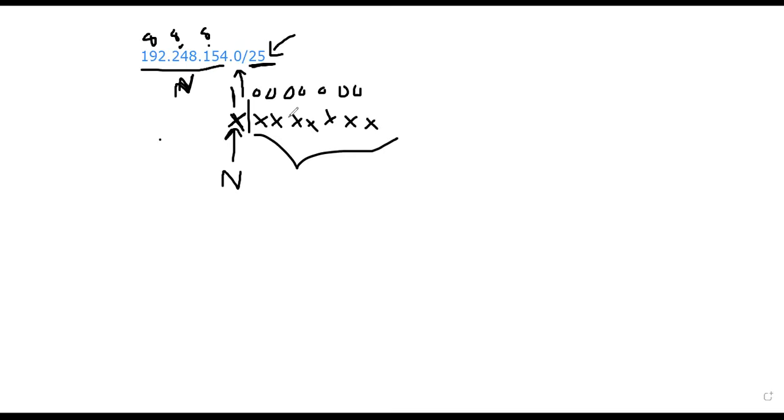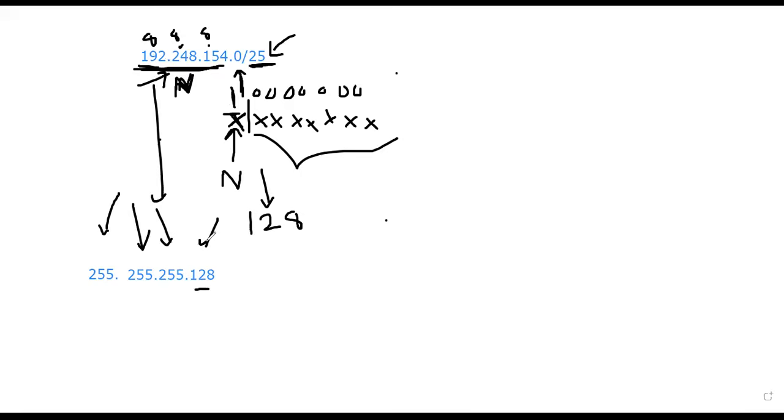You will be getting 128 here. The other octets are going to be 255, as each of those 8 bits converts to 255. So the subnet mask is 255.255.255.128. This is the answer.